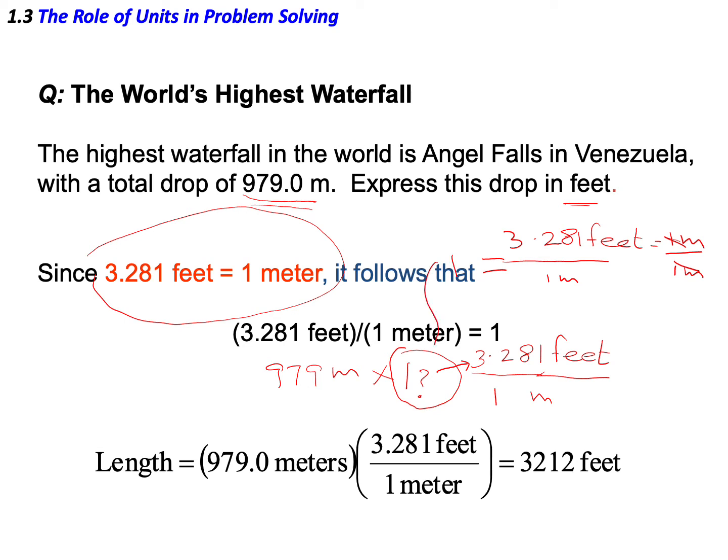That 1 you substitute here, and the other side of that equation is 3.281 feet divided by 1 meter. So now you can cancel meters with meters, and your final answer is 979 multiplied by 3.281 feet. And this is your final answer.